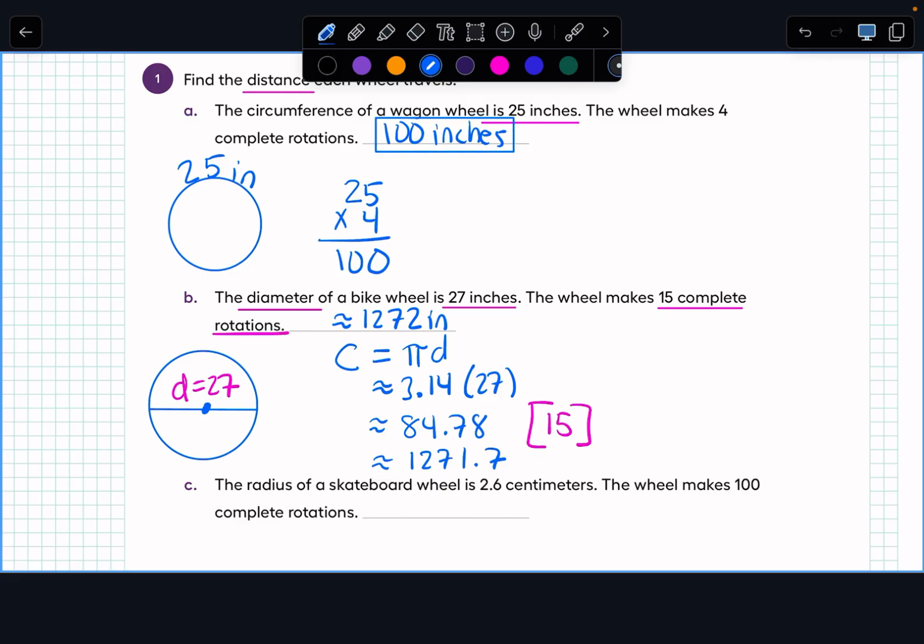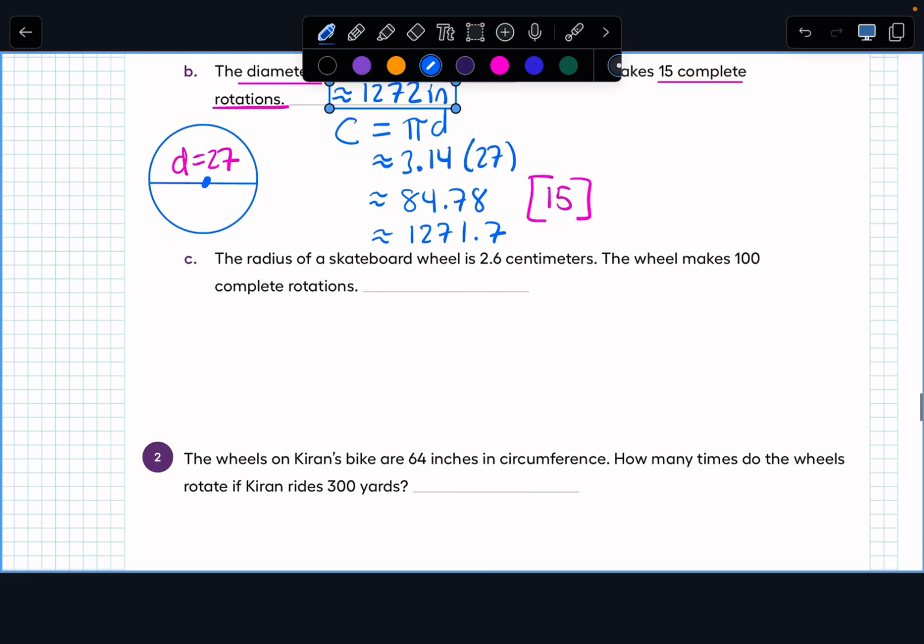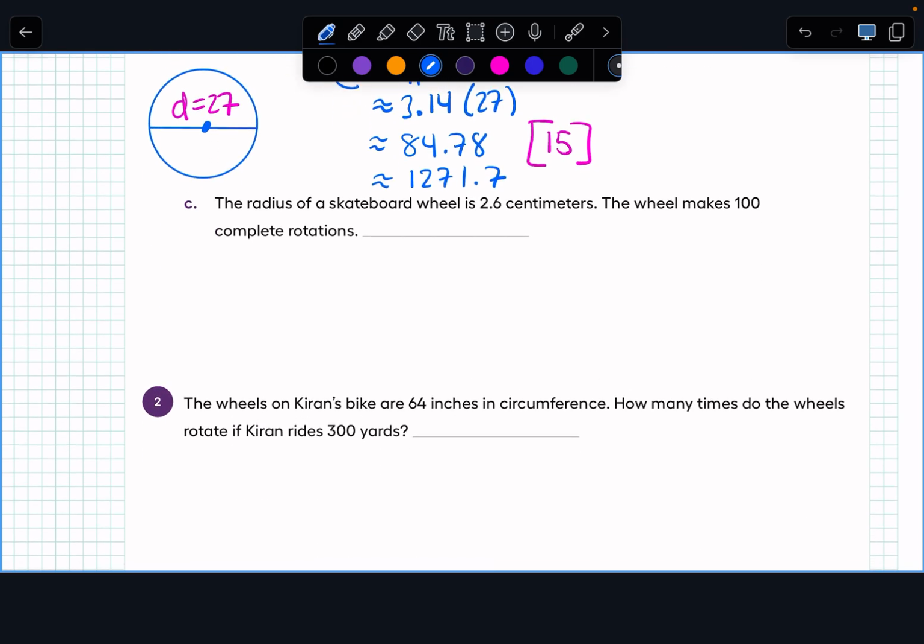Please box your answers so that you get in the habit of identifying your answers and making sure that they pop. All right, C, the radius of a skateboard wheel is 2.6 centimeters. The wheel makes 100 complete rotations. Let's annotate and understand all the important stuff that was given to us.